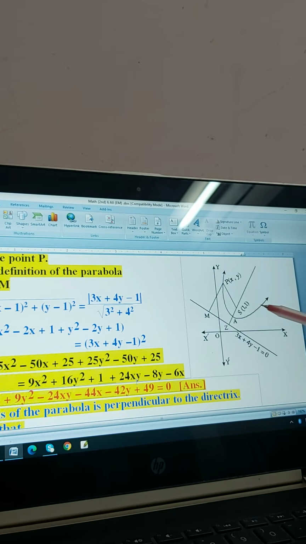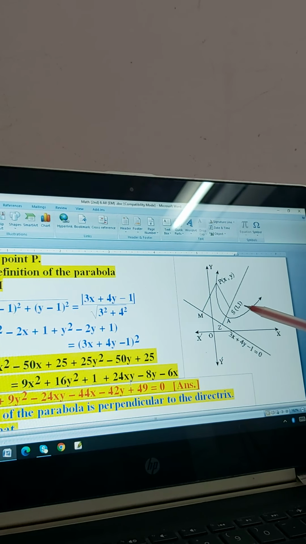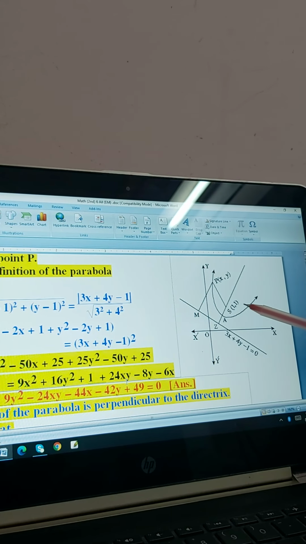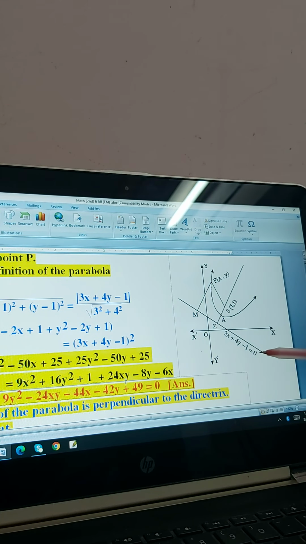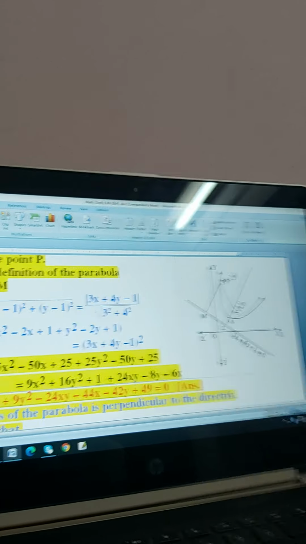ZS means the perpendicular distance from the point (1, 1), that is the focus, to the directrix 3x plus 4y minus 1 equal to 0.